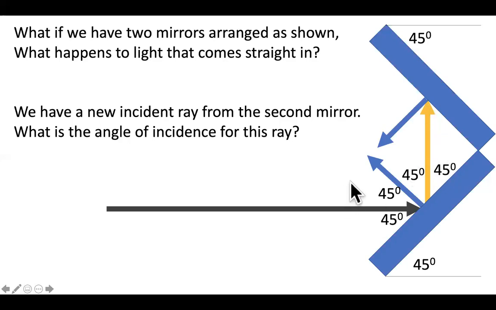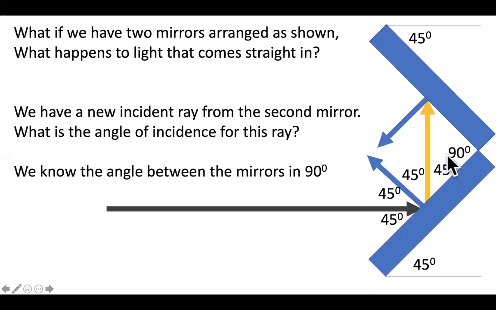This angle is 45 degrees. The angle between the two mirrors is 90 degrees. You can show that by geometry. And what we have here is a triangle made up of two mirrors and the ray going from one to the other.